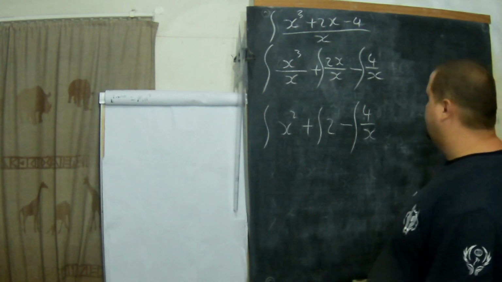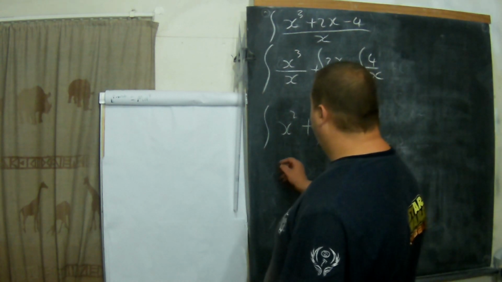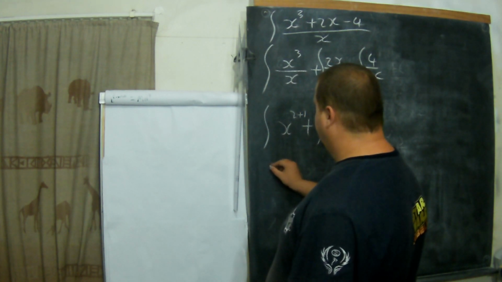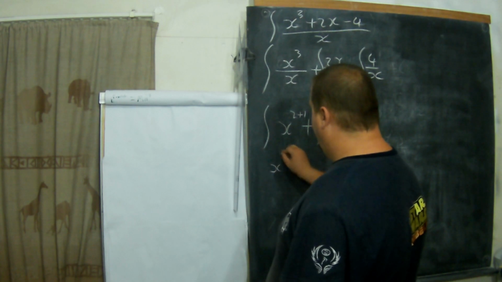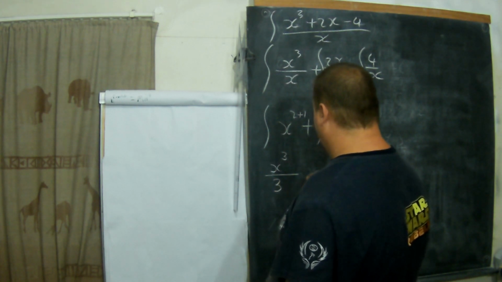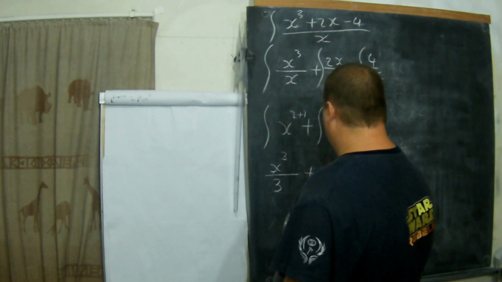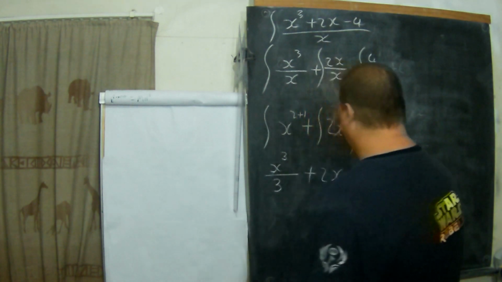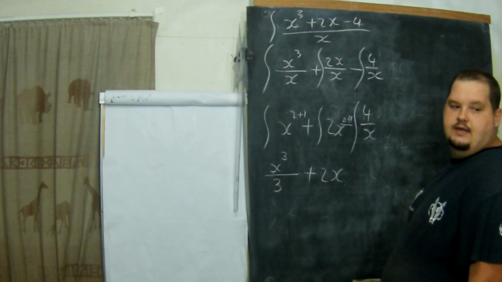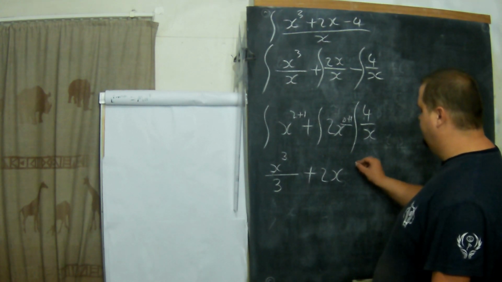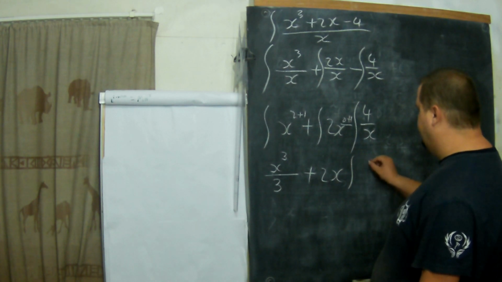Now what we have to do is say 2 plus 1, so that is x cubed over 3, plus 2x, because that is 2 times x to the 0 plus 1. And now this one, we're going to integrate in a few steps.